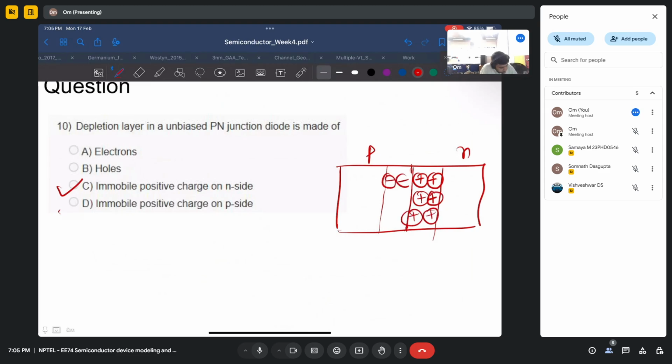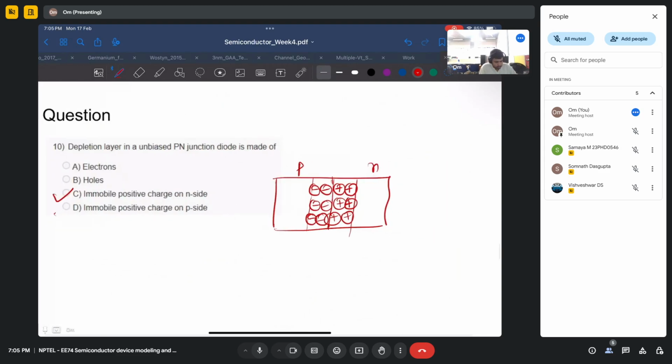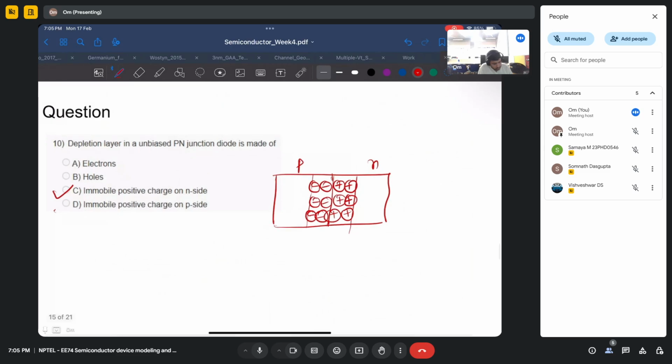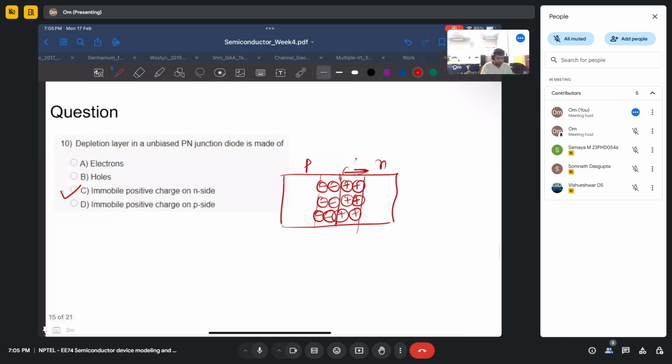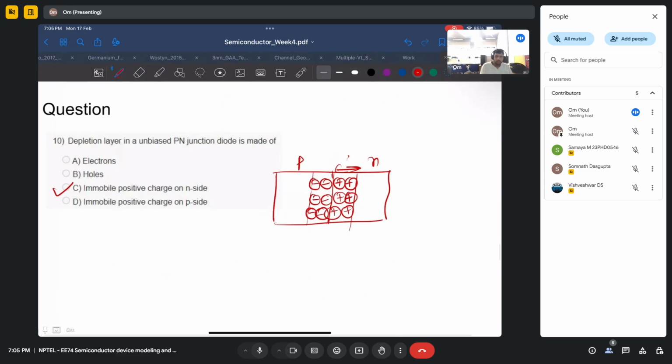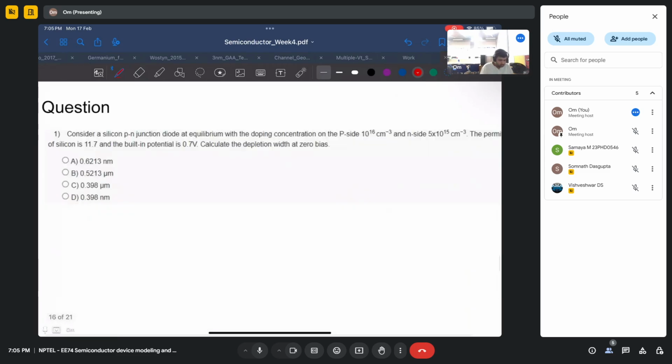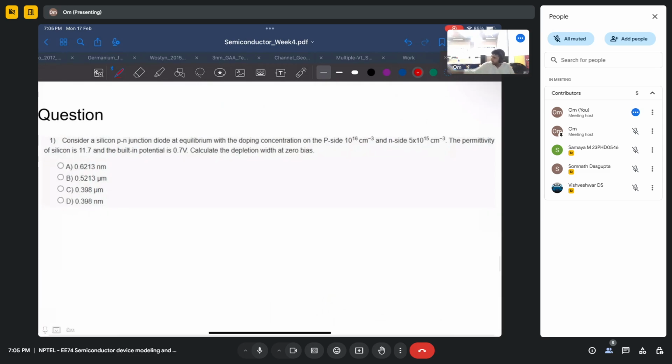In P-type, we have acceptor atoms which take electrons to become negatively charged. So the immobile positive charge is on the N side, right? Okay, so this was a simple question. Let's see the next one. Just read about this one and try to attempt it.